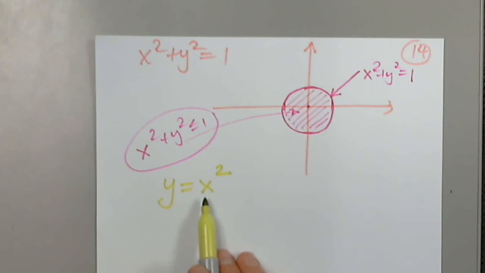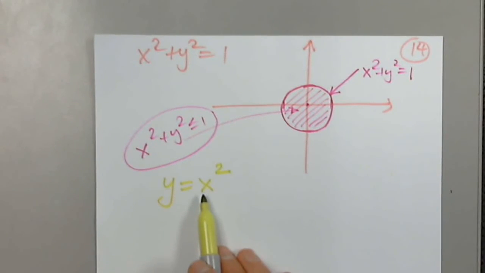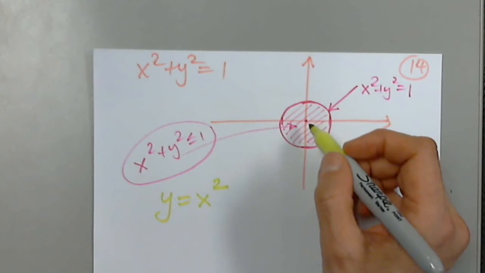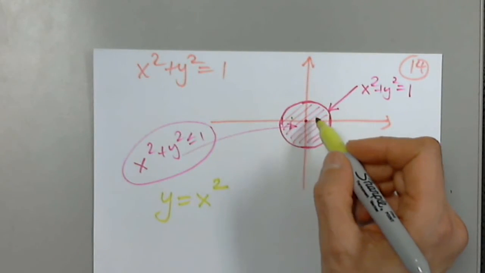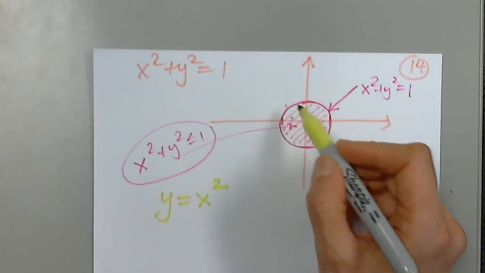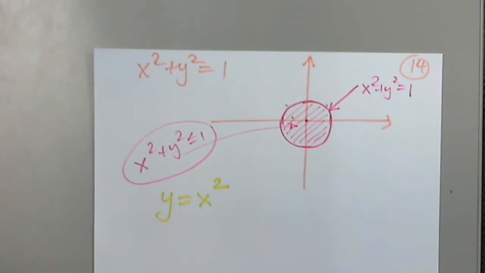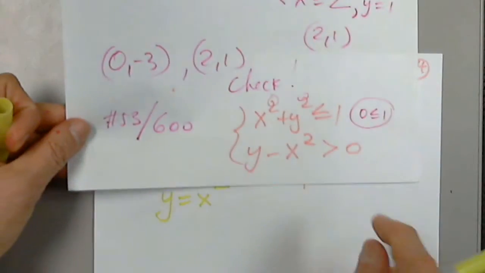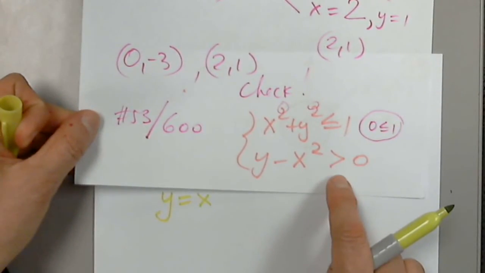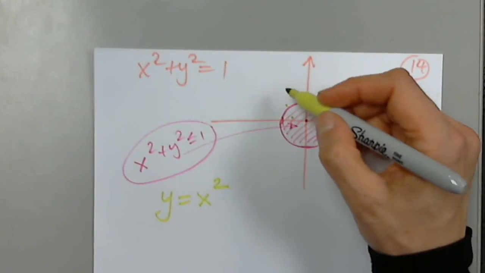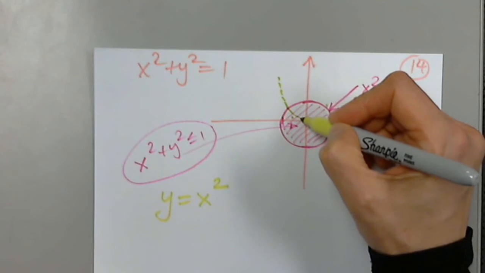How do I graph y equals x squared? I know you know. It's quadratic, so it's going to be u. Very good. So 0, 0, 1, 1, 1, 1, and so on and so forth. But the question is, do I graph it as a solid curve or not? No. No. Very good. So here's the graph.